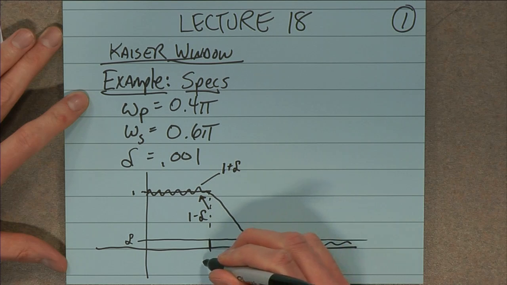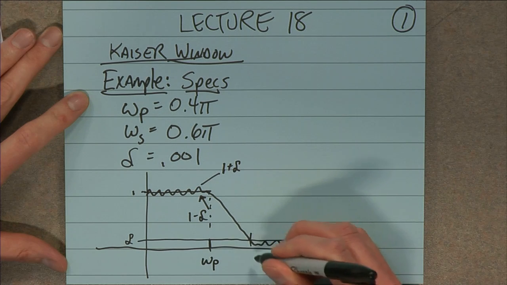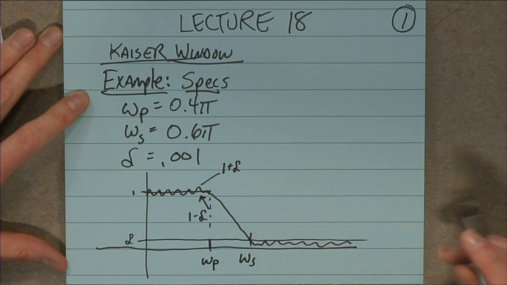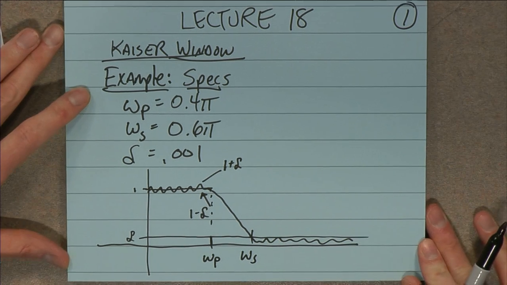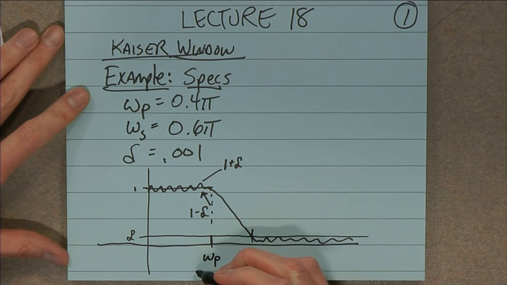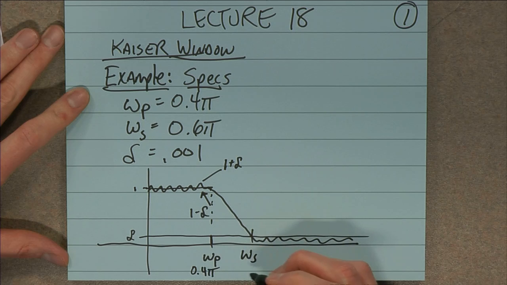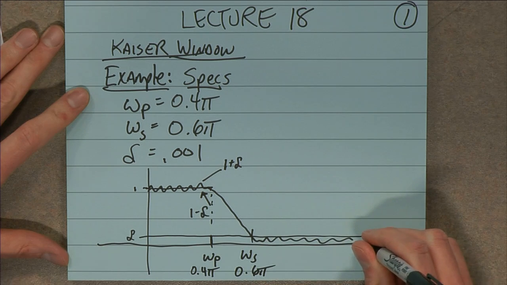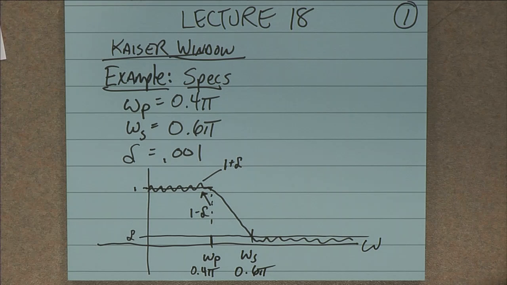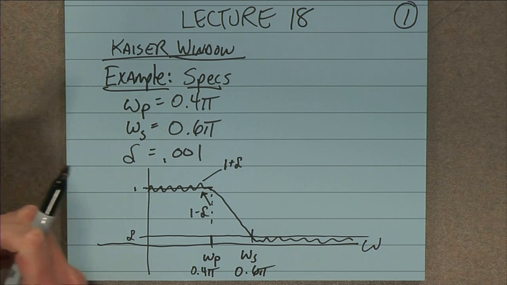The passband was omega p, stop band omega s. When we're done, we plot the frequency response in MATLAB, and hopefully we will see something that looks like this. This is what we're shooting for. So the first thing to do is start converting these specs into the parameters we're going to use for the filter.